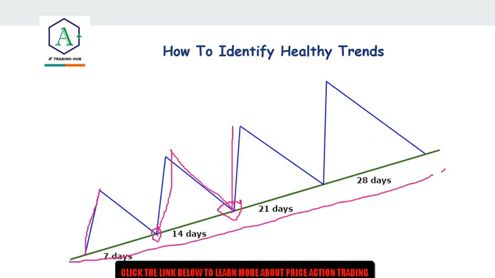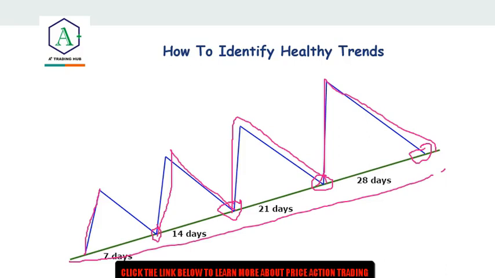Again, it rallied up. After 21 days, that is when it retested the trend line. Price rallied up again, and it took 28 days for price to retest the trend line again. So when you see price moving like this, that shows that this is a healthy trend, a very good trend.